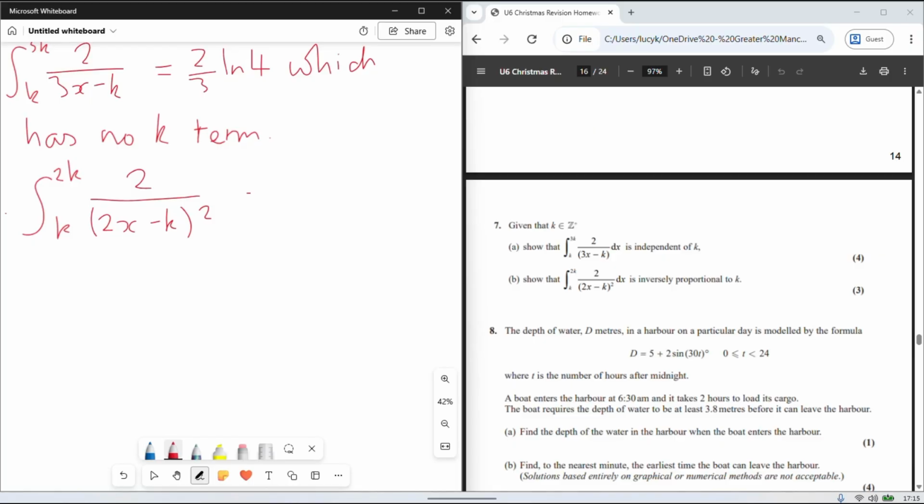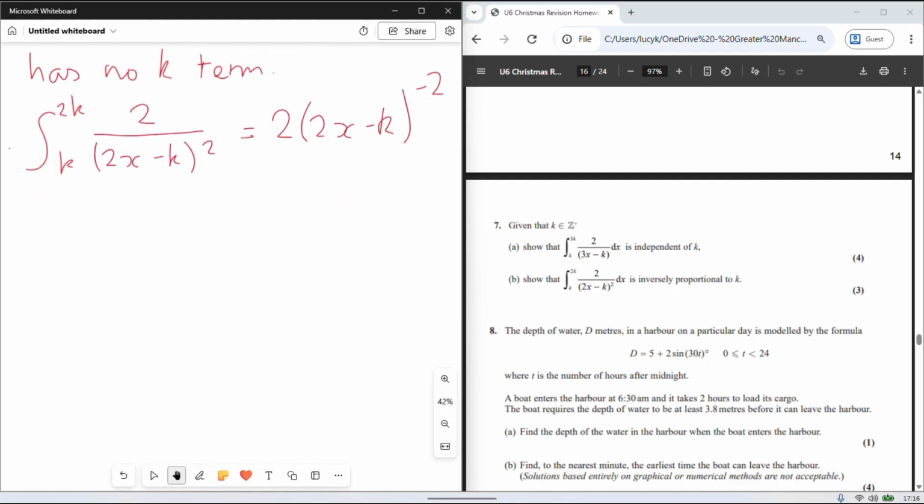That will be 2 lots of 2x minus k to the power of minus 2, and then it's just polynomials with powers, and I can do reverse chain rule on that now. I'm far happier with that.